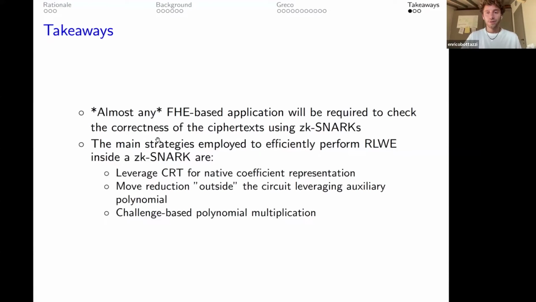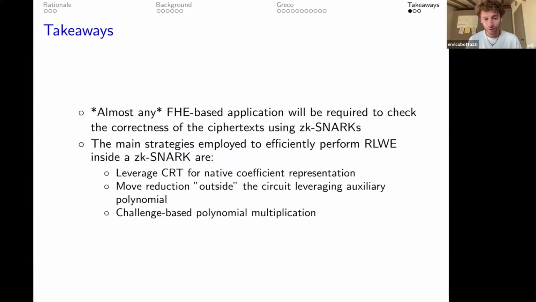So going back to my original goals for this presentation, I will synthesize the takeaways. The main takeaway, I think, really is that almost any application will require something like this.